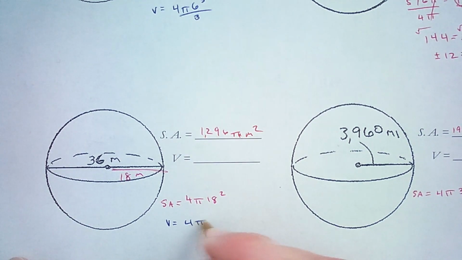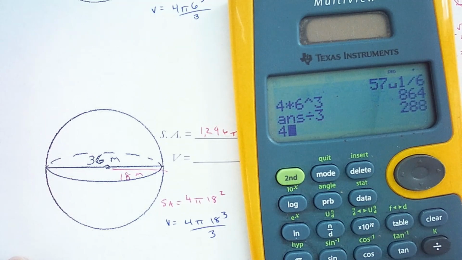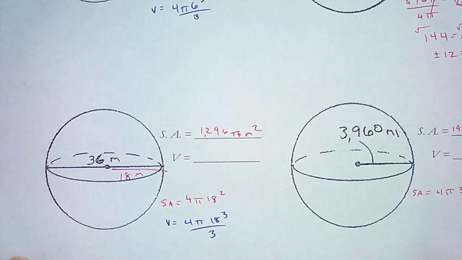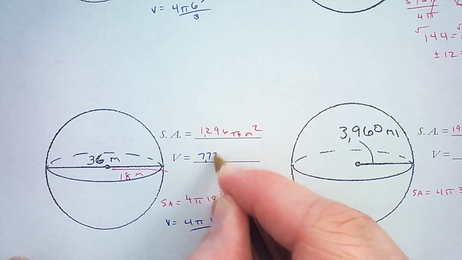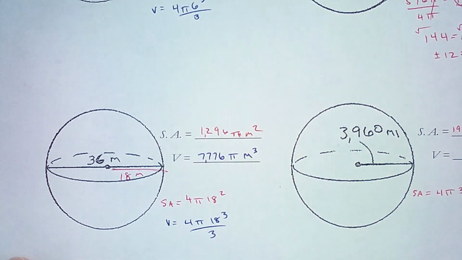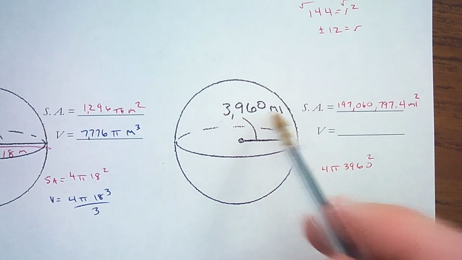Volume is 4 pi 18 cubed over 3. So 4 times 18 cubed divided by 3 is 7,776. So we have 7,776 pi meters cubed.